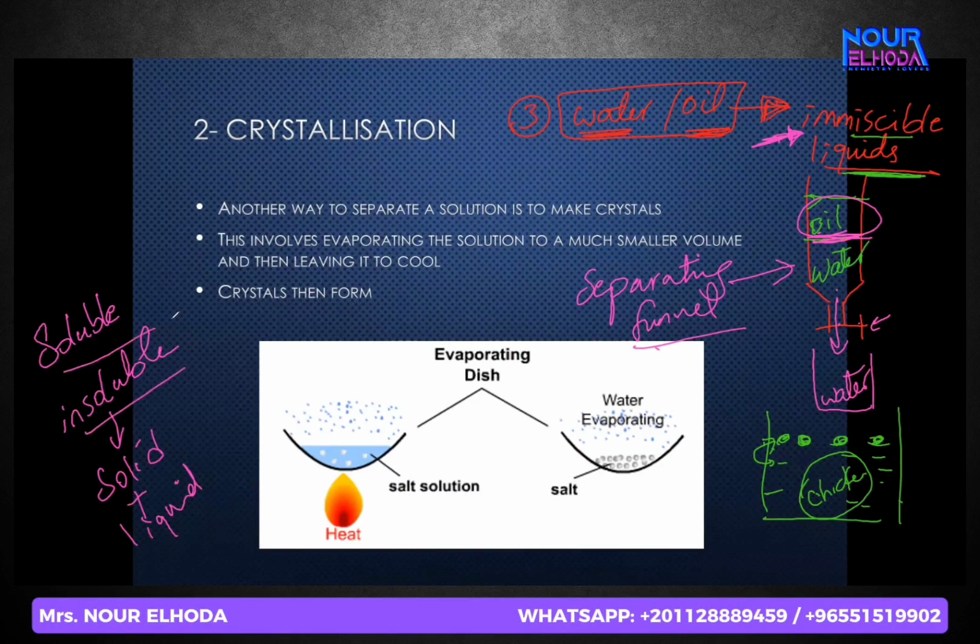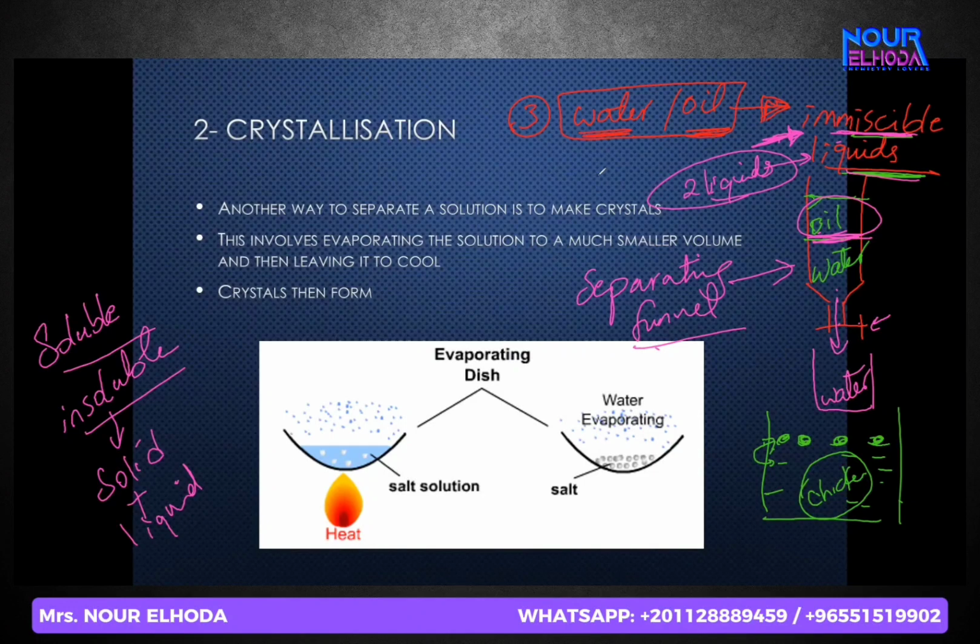So what about miscible and immiscible? I'm going to say immiscible and miscible when both of them are liquids. Not a liquid and a solid, but two liquids together. When I have two liquids together, I say miscible or immiscible depending on whether they mix with each other or not. For example, water and oil are immiscible because they don't mix.